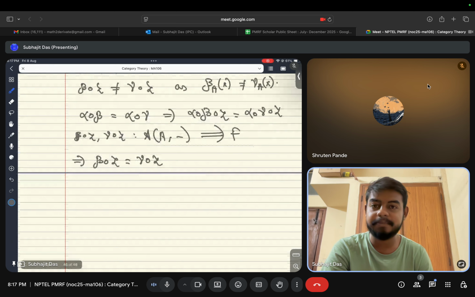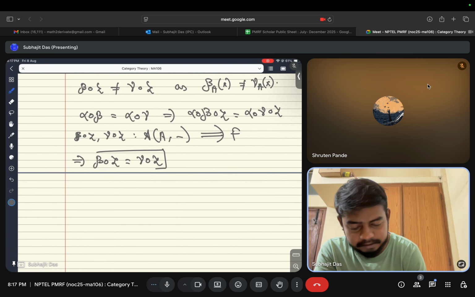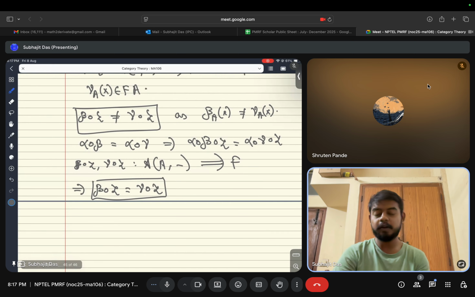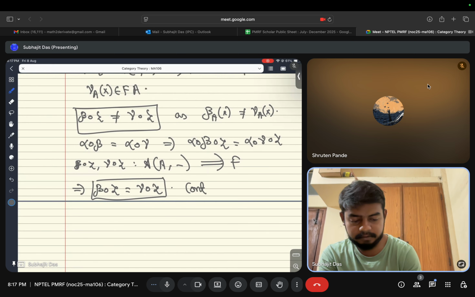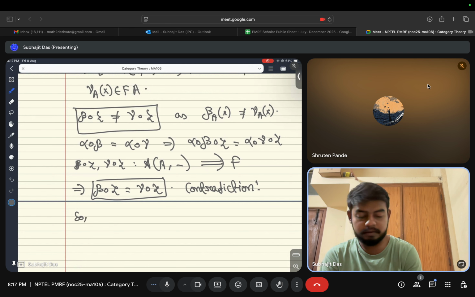This is what the last statement should imply, right? So we have this and we have this contradiction. So beta must indeed be itself equal to gamma. So alpha should be a monomorphism.